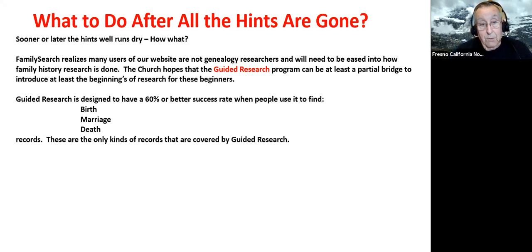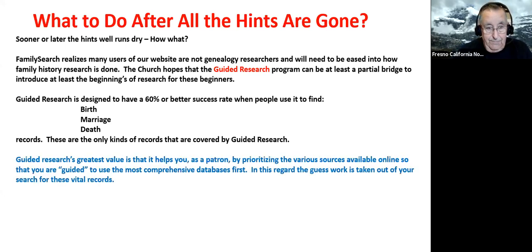We need to know about their birth, their marriage, and their death. And to do their temple work, we need at least one of those. So this is what they focused on, and they decided that that would be the only kind of records that guided research would address.